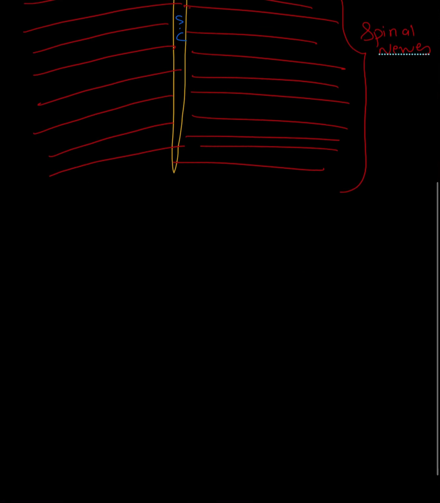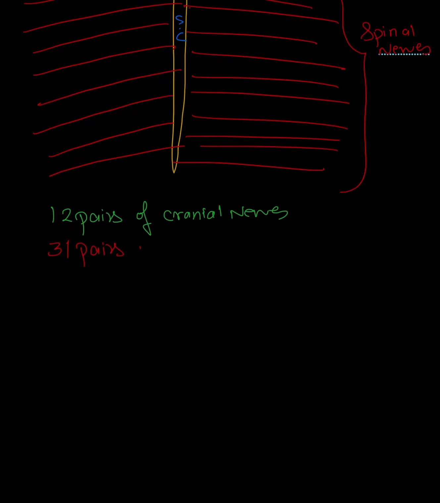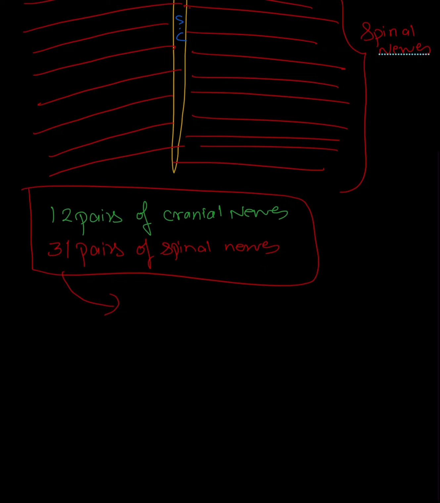In humans, there are 12 pairs of cranial nerves and 31 pairs of spinal nerves. So these both together constitute the peripheral nervous system.